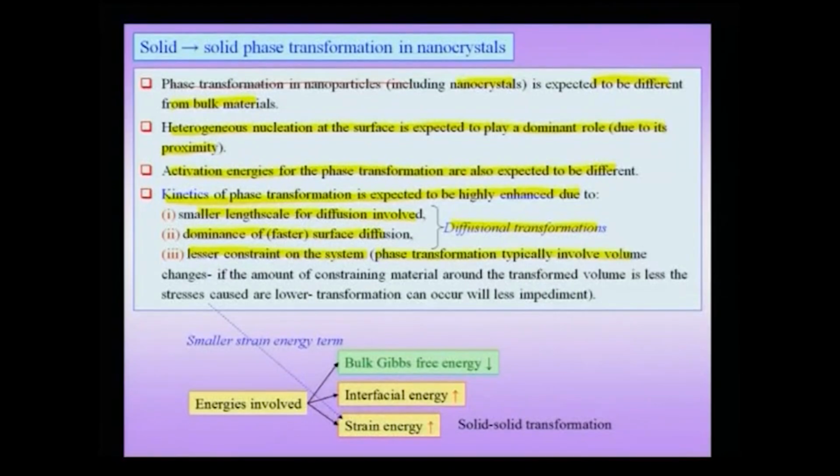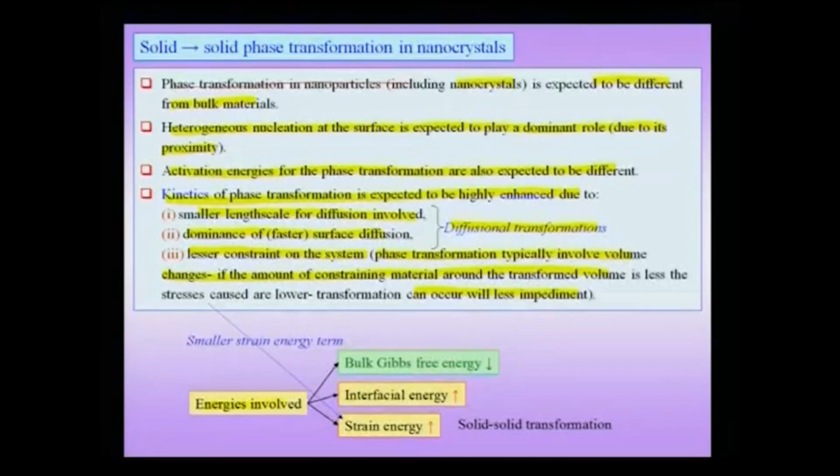But suppose the system is very small, then the free surfaces can actually relax, and therefore the system is less constrained. That implies that phase transformations typically involve volume changes, and since the amount of constraining material is less, the stresses caused by the transformed volume are lower, and that means there is going to be less impediment to the phase transformation.